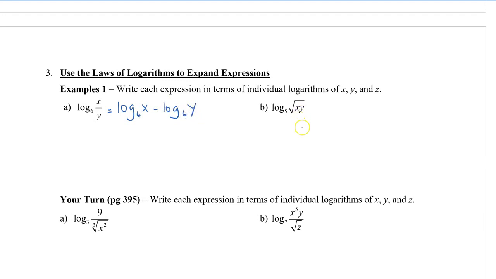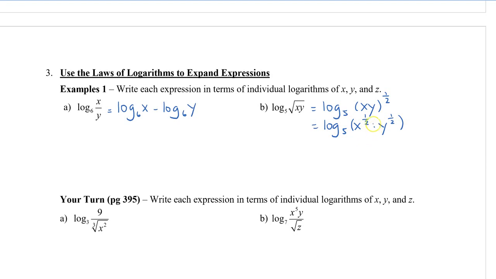Okay, in the second one, we do have a square root. Do you see that? So we're going to rewrite this as log base 5 of xy, or x times y to the power of a half. And then I'm going to rewrite this again to distribute that half so that both the x and the y get the half. Now I'm going to put brackets, it's really important here, so that I know that both the x and the y are being logged as is multiplied.